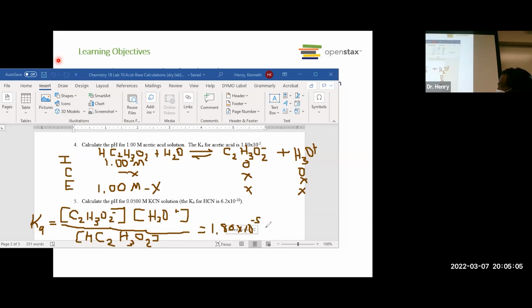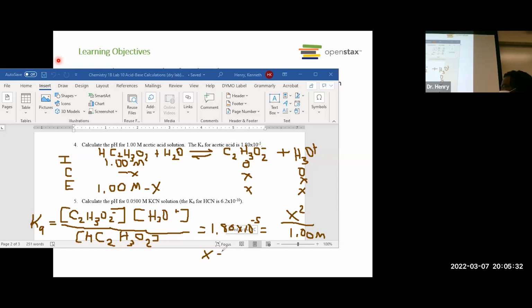So what assumptions are we going to make? The 5% rule. So we're going to get x squared over 1.0 molar. So then x is going to equal the square root of 1.80 times 10 to the minus 5.